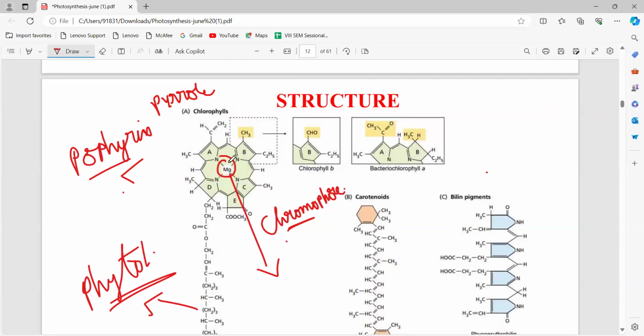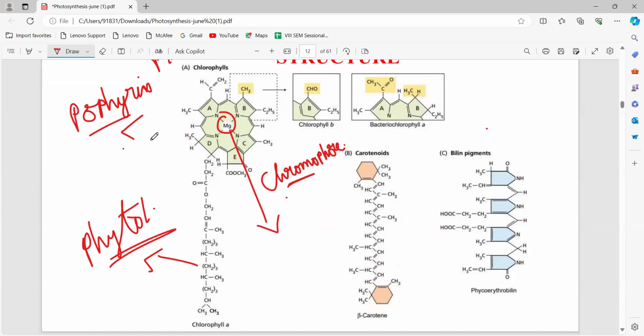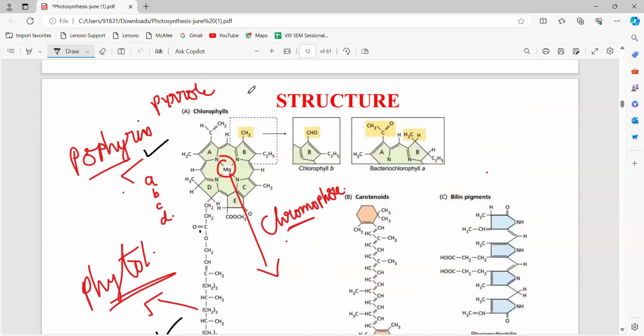Now all the students, try to understand. Just now we discussed that we have chlorophyll A, chlorophyll B, chlorophyll C, and chlorophyll D. Now understand my statements very correctly. All these chlorophyll molecules have the same head, porphyrin, and the same tail, the phytol chain.